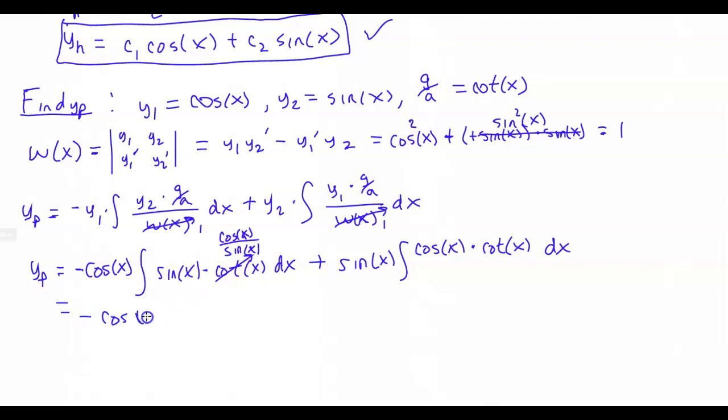So this first term here is simply just going to simplify to negative cosine of x times the integral of cosine x dx.